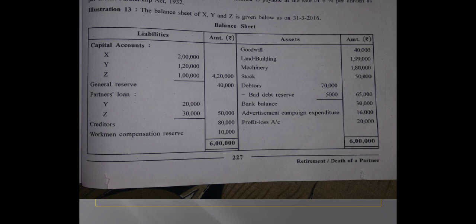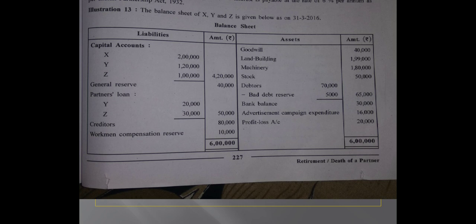So page number 227, it is illustration 13. Now here you are supposed to apply all the steps that I have explained in this lecture. All those points will be understood in consideration with this particular question.